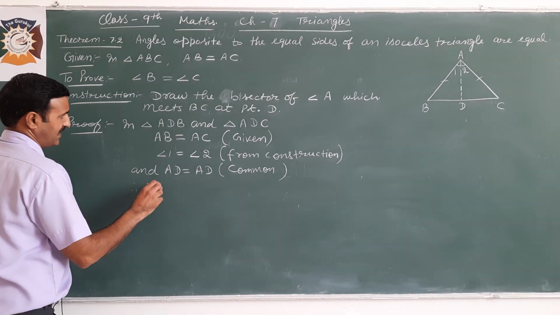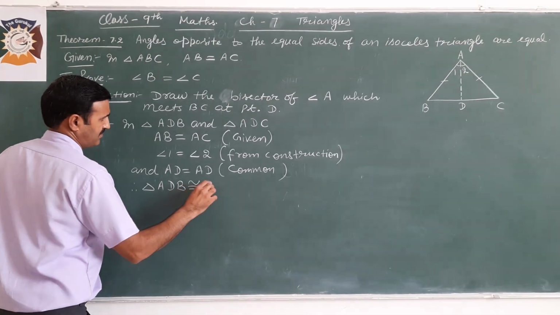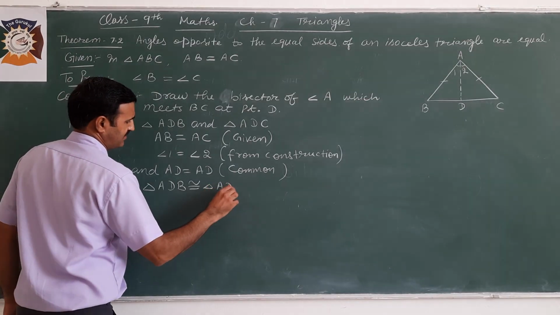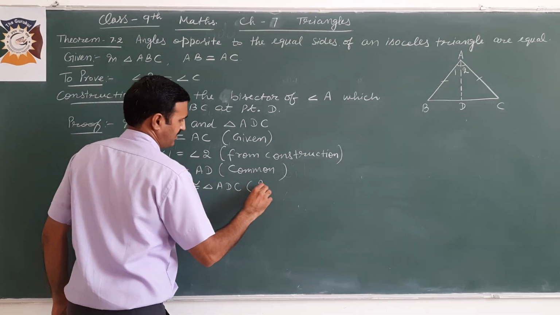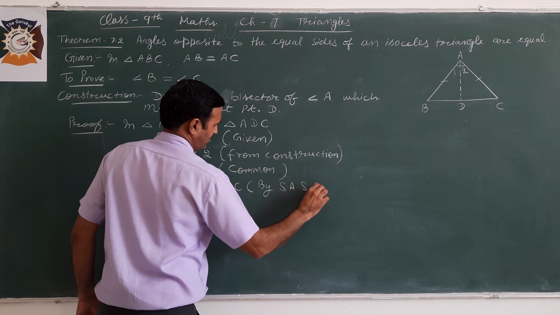triangle ADB is congruent to triangle ADC by side angle side rule.